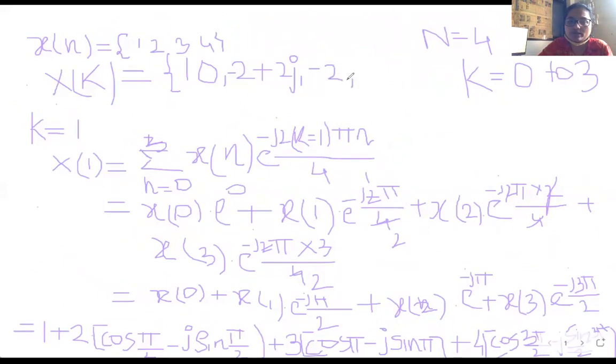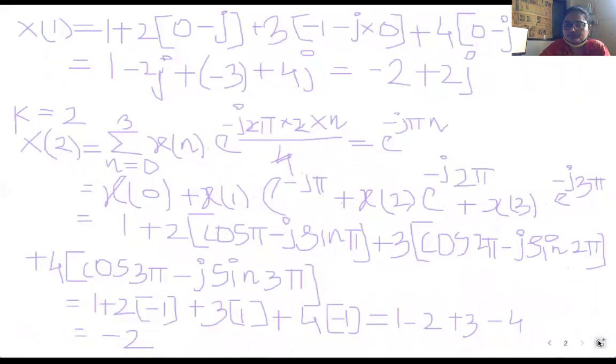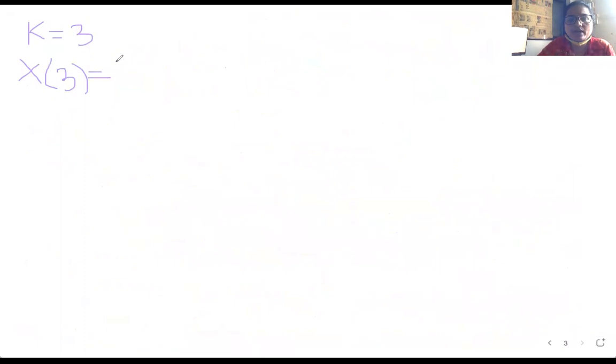And the last value that I'm going to calculate here is when k is equal to 3. So when we substitute k is equal to 3, once again I'm going to write the equation. What is that equation? x of k, k is 3. So x of 3 is equal to, it should be by heart. You should know or remember this equation every time.